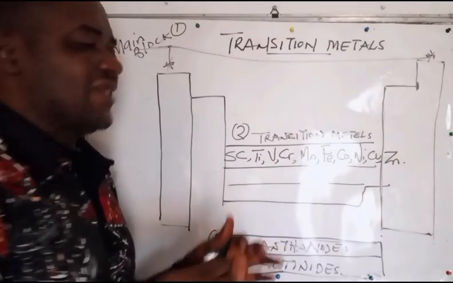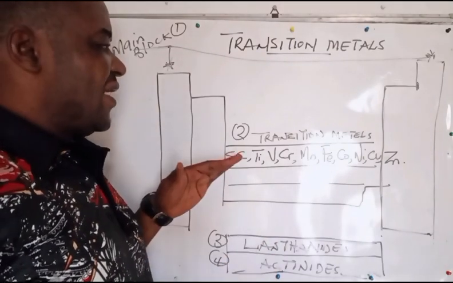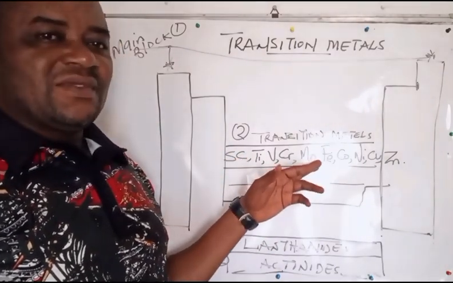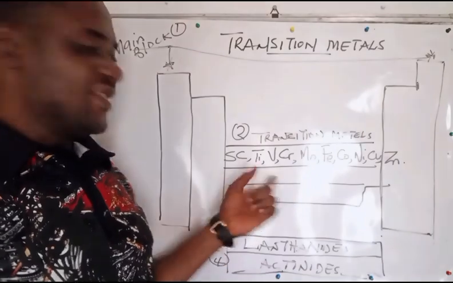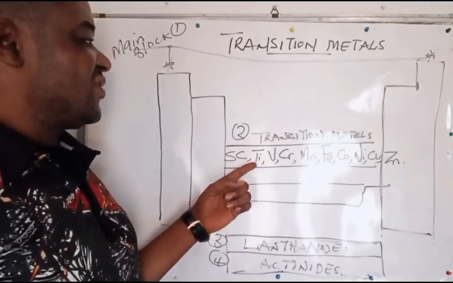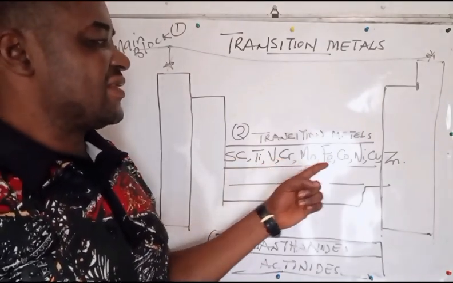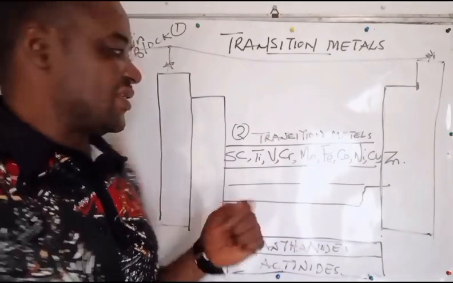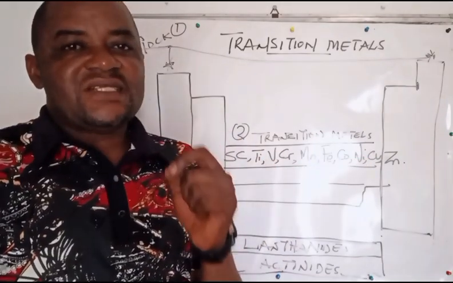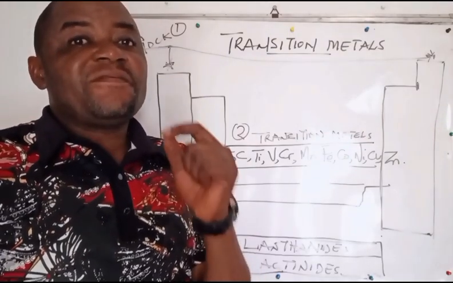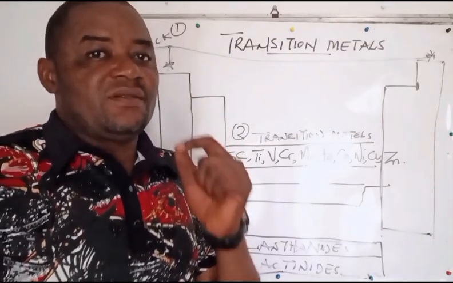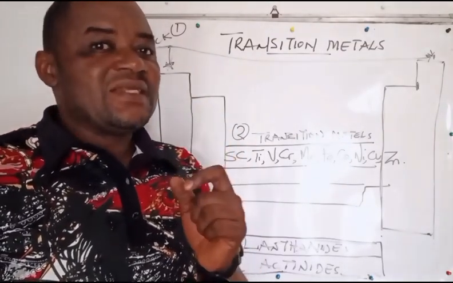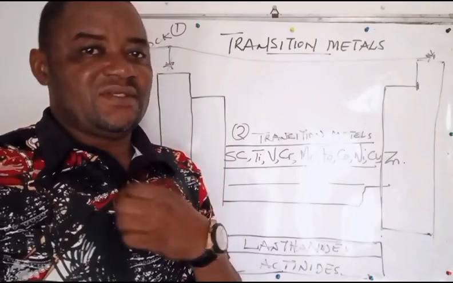These are the first 10 metals in the transition block. All of these metals are transition metals. That means that all of them possess an incompletely filled d subshell. It means that they form stable cations.